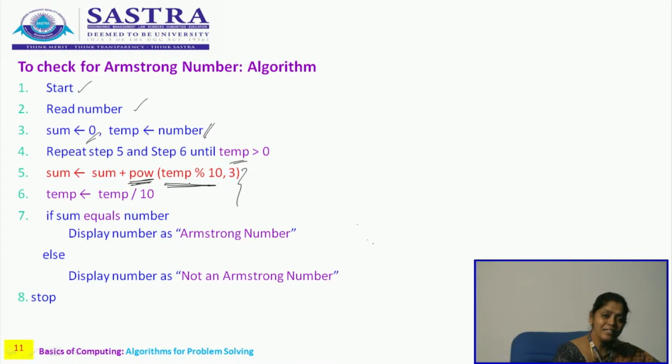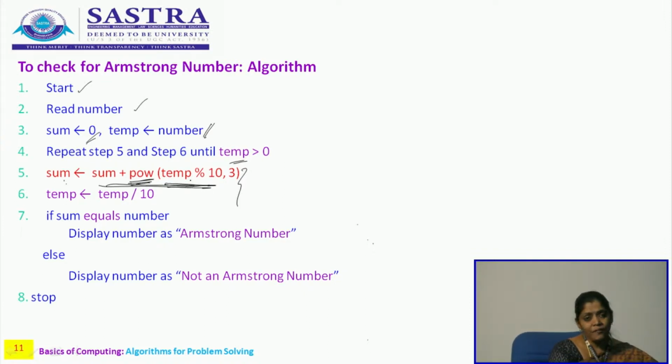So the last digit is now available for you from that number, and the power function is, if I am giving power of x comma y, it represents x power y. So what will happen? The extracted last digit power 3. So we are cubing the last digit, and once it is cubed, we will be adding that with the sum.